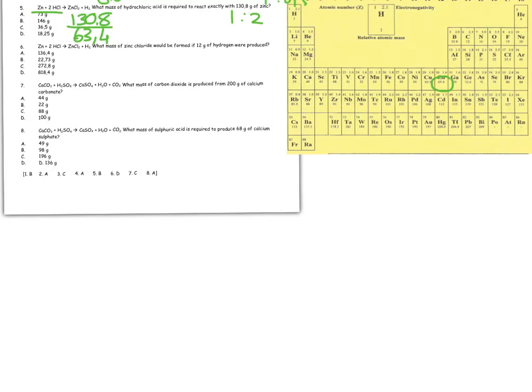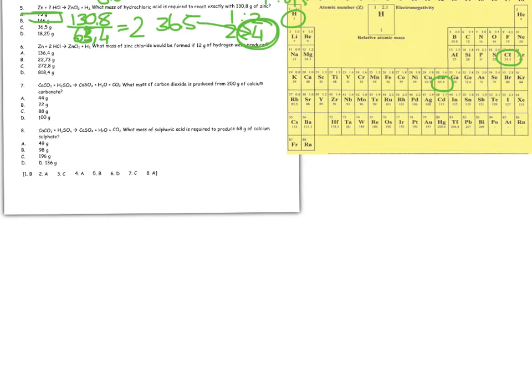Sorry, I lie, 65,4. And therefore I land up with exactly 2. So when I'm relating zinc to hydrochloric acid, I have got 2:2 of... whatever the hydrochloric acid is, I will have to multiply it by 4. Hydrochloric acid is hydrogen, 1, plus chlorine, 35,5. So it's 36,5 multiplied by the 4, and I land up with 146 grams.